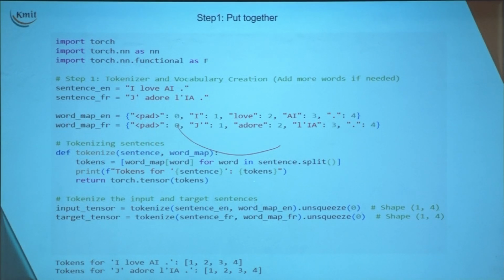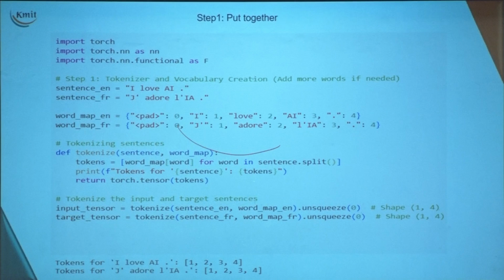Okay. What am I doing next after giving the input and target sequences? I am going for what? Word mapping. What is this word mapping? Vocabulary creation of each word token that I am generating. After that, what do I do? I try to tokenize the sentences. So which sentences do I tokenize?